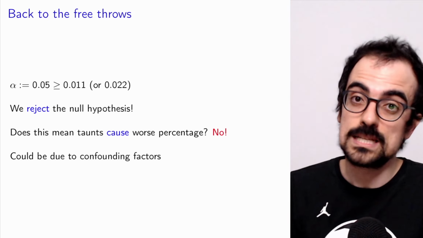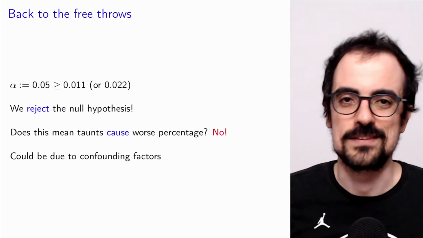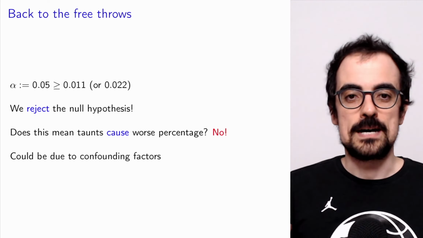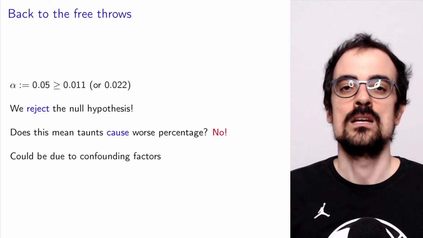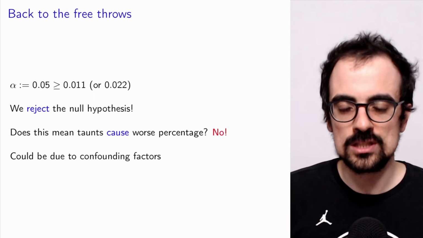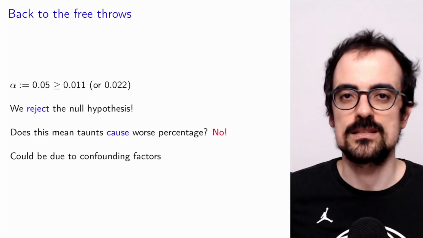Maybe he's much more tired because they have to travel to go to the away stadium, even if they go in their private jet or whatever. So this highlights the fact that hypothesis testing does not determine that there is a causal effect underlying the patterns that we see in the data.